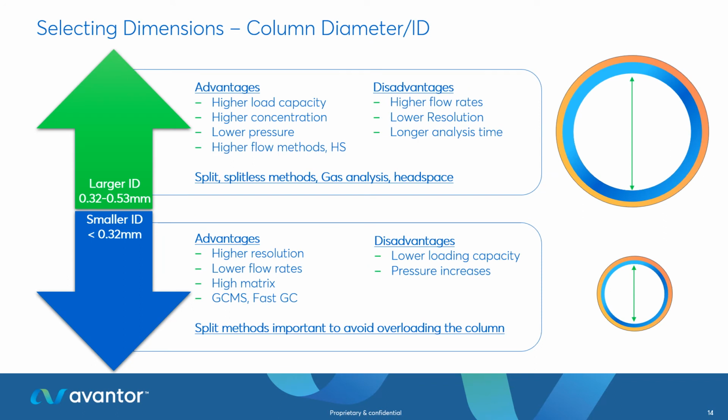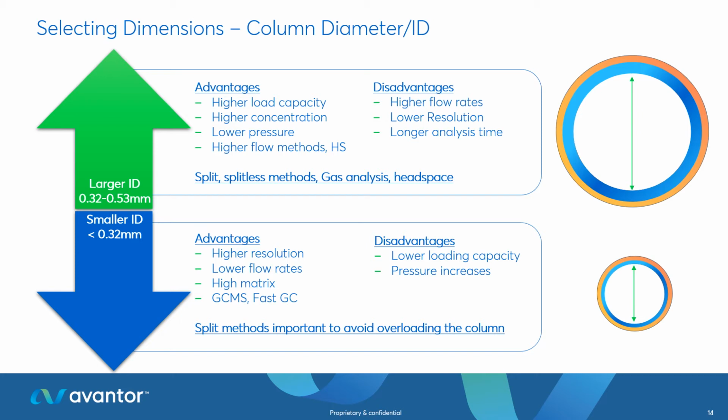We now move on to the column, and looking at the column, we can first focus on the ID and what column ID we should be using and what are the advantages and disadvantages. So a typical column would be a 320 micron ID. The advantage of this is that it has a higher load capacity and also a lower back pressure associated with it.